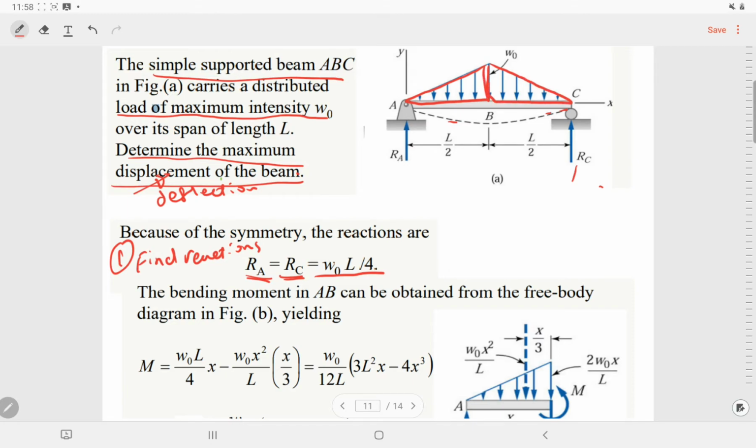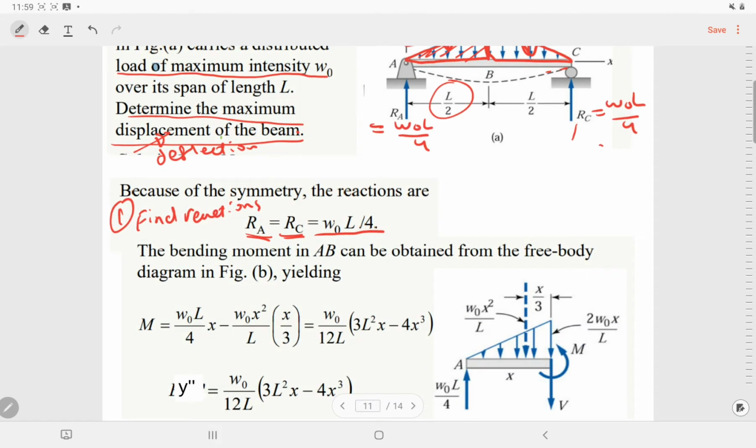For this one, the resultant is going to be the area of this triangle, which is W naught times the distance L over 2, times one half. That's going to be RA, so RA is W naught L over 4. And RC is going to be the same, W naught L over 4.